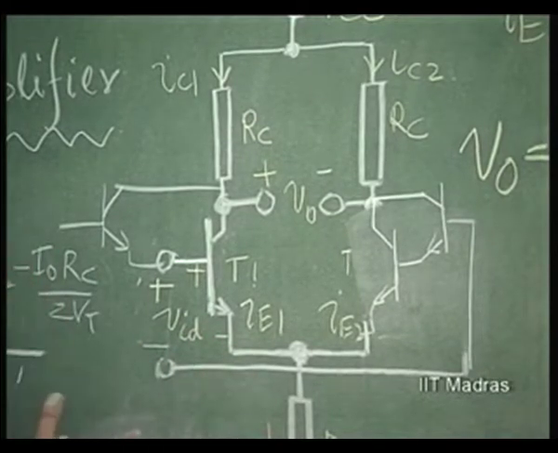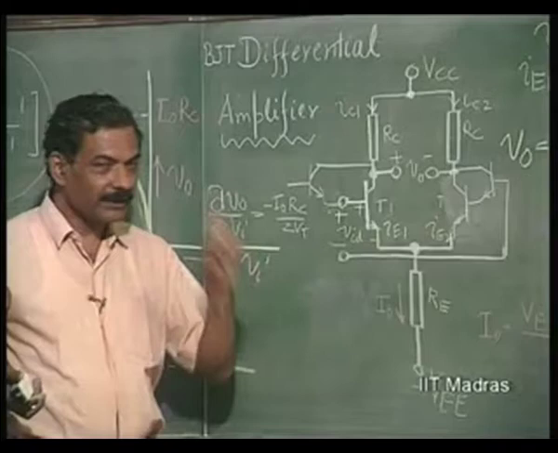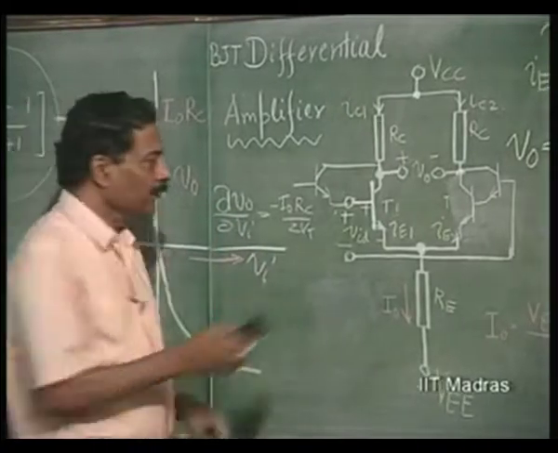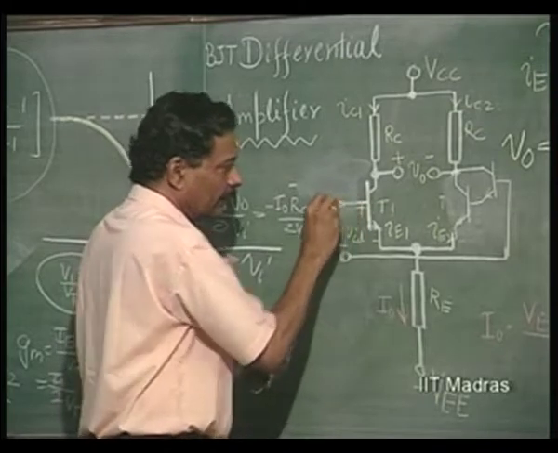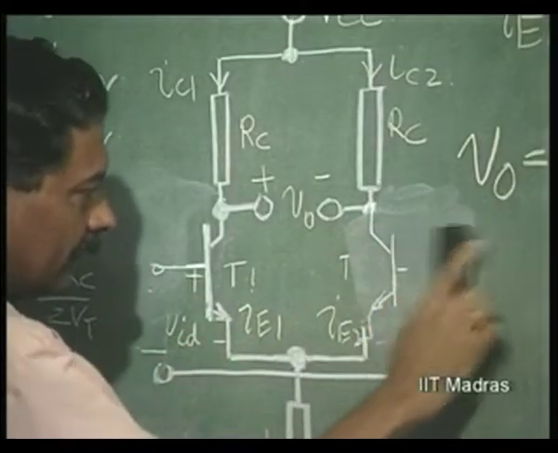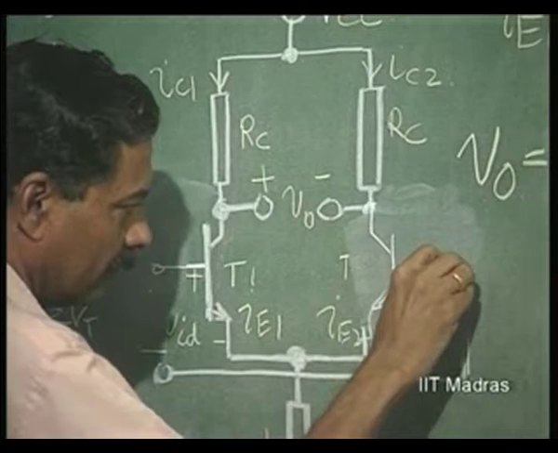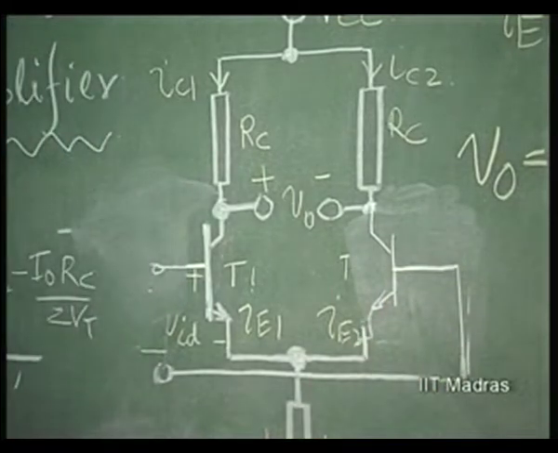So, the best for lowest input offset is a single pair, not these modifications. Never modify this. The best thing is just a single pair if you are interested in maintaining minimum offset.